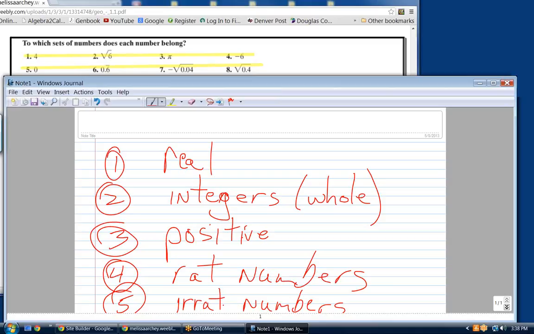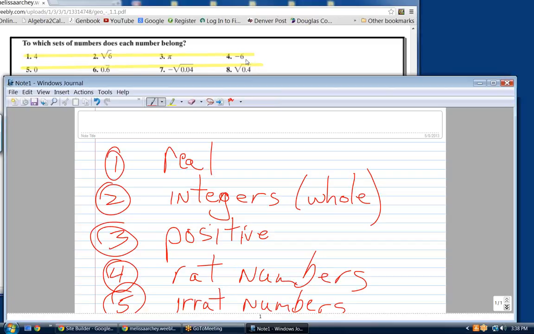Irrational, we cannot express as a fraction. There's no way to express pi as a fraction. Right. There's no way to express square root of 2 as a fraction. You can approximate it, but you can't accurately express it as a fraction.